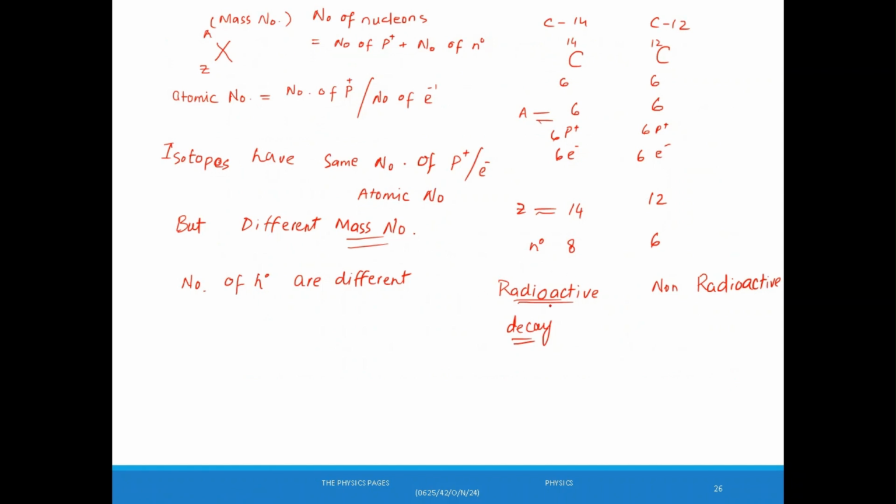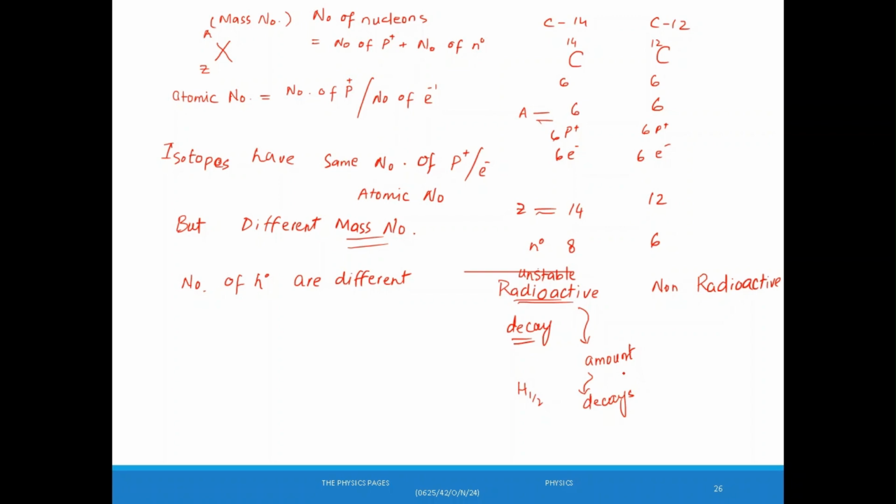I would like to repeat one more time that any isotope of an element that is unstable, or we can say radioactive, can start emitting radiation at any time. When it starts emitting radiation, its amount starts decreasing. So the time within which half of the atoms decay, emitting radiation, and half are left, we call half life.